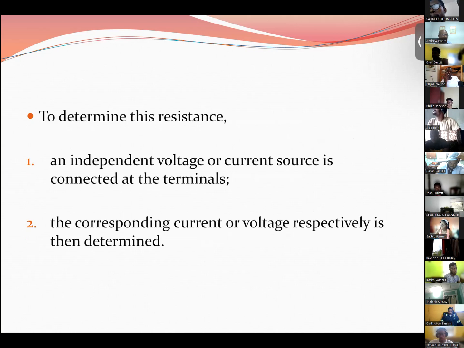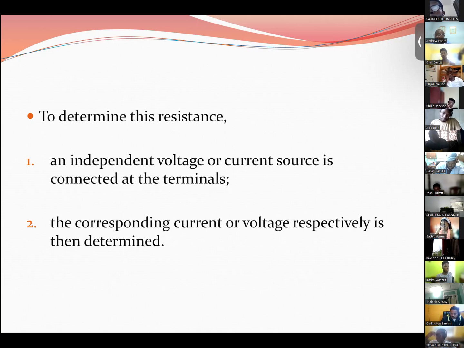So to determine the resistance, an independent voltage or current source is connected at the terminals, which is what I just said. You're either going to connect an independent current or an independent voltage, and you dictate what that supply is. We try to use nice, clean numbers, 1, 10, 100, that sort of thing. Easy to divide, easy to multiply, easy to work with.